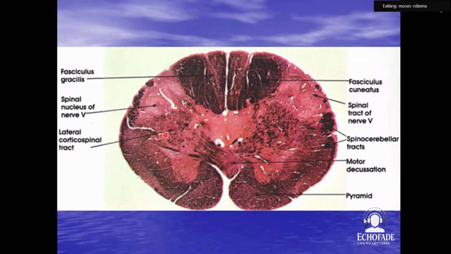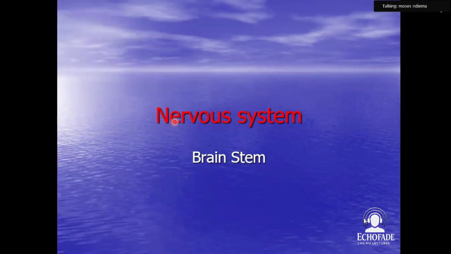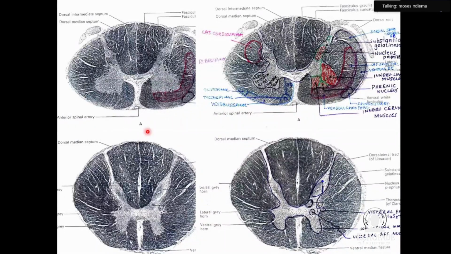I'd like us also to look at the other components we talked about earlier in our first slide: the tectospinal, from the tectum to the spinal cord; vestibulospinal, from the vestibular nucleus to the spinal cord; rubrospinal; olivospinal, from the olivary nucleus to the spinal cord; and lateral corticospinal.